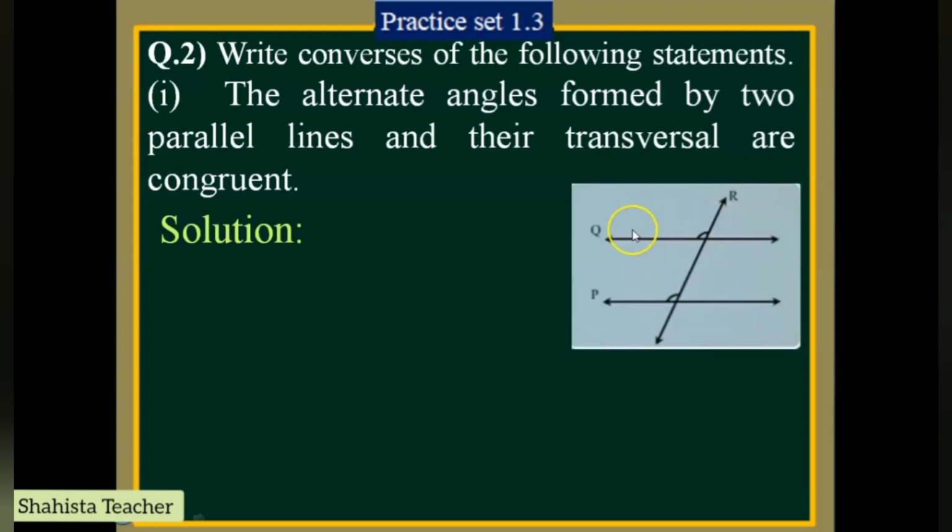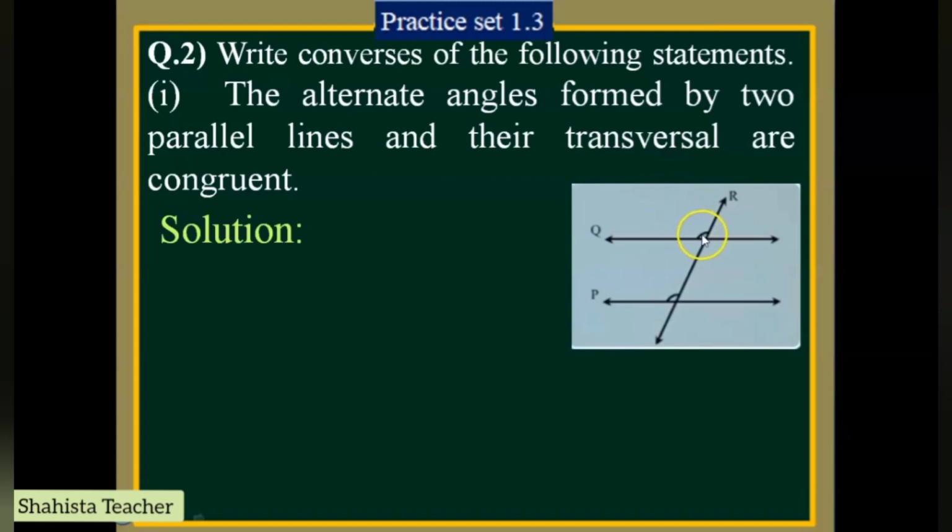Here there are two parallel lines, Q and P, and this straight line R is the transversal line. And alternate angle means the opposite angle. Angles which lie in opposite directions are known as alternate angles.